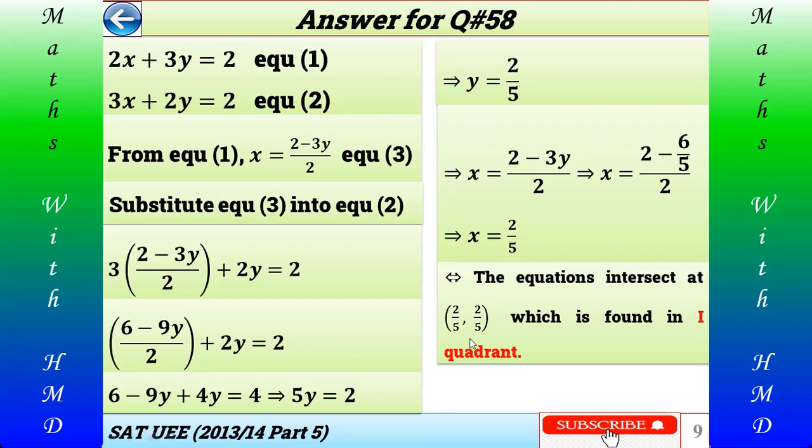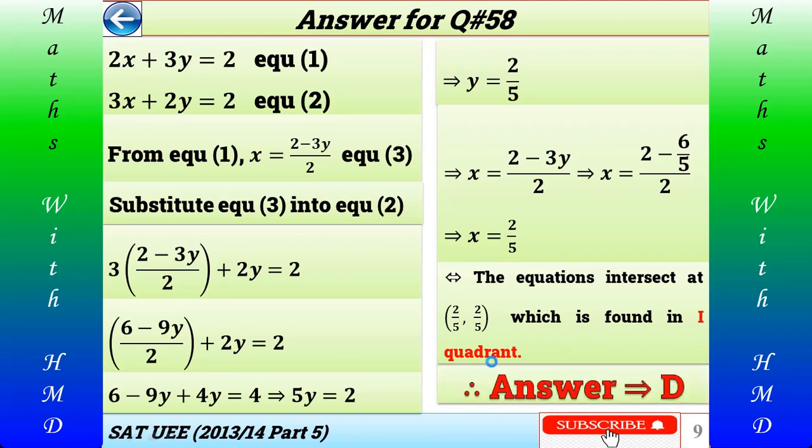Example, minus 2 comma 3. If both the x and y components are negative, then the point is found in the third quadrant. You can simply take an example like minus 2 comma minus 2. If the x component is positive but the y component is negative, then the point is found in the fourth quadrant. So based on this principle, both the components of the intersection point are positive, that is 2 over 5 and 2 over 5, right? So it is found in the first quadrant. So the answer is going to be D.